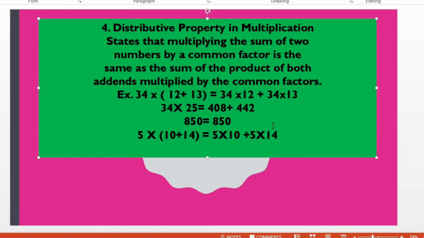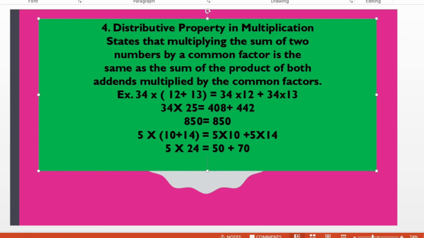Then, bring down 5, ito yung 5, times, so add po natin 10 plus 14, the answer is 24. So, equals, multiply natin 5 times 10, the answer is 50, plus 5 times 14, the answer is 70. So, just multiply 5 times 24, the answer is 120, equals 50 plus 70, the answer is 120.